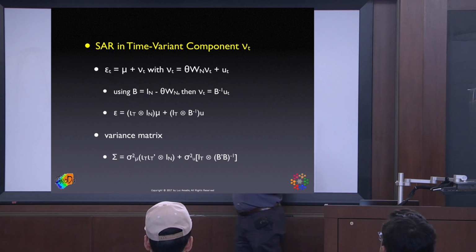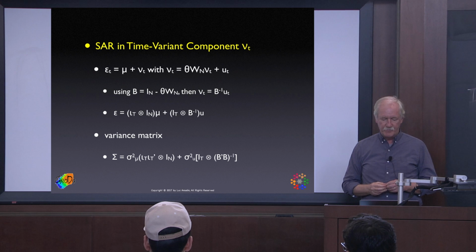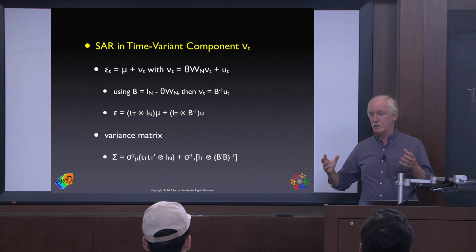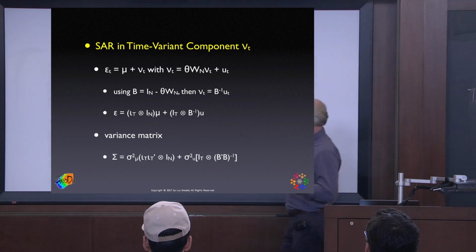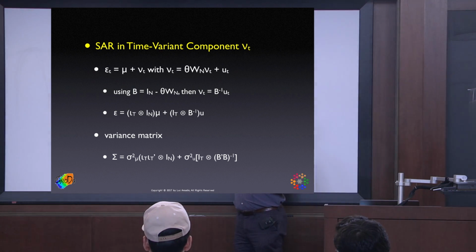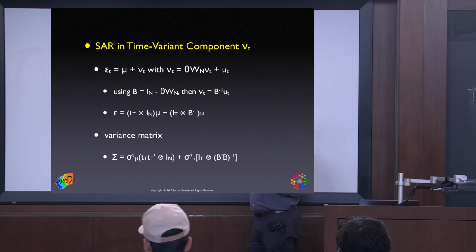The rest is standard, the standard random effects part. And so then, you put these pieces together. These are 2 random components. This randomness in U and the randomness in the random effects are not correlated. So it's easy to get the variance. There's 2 variance components, if you wish.